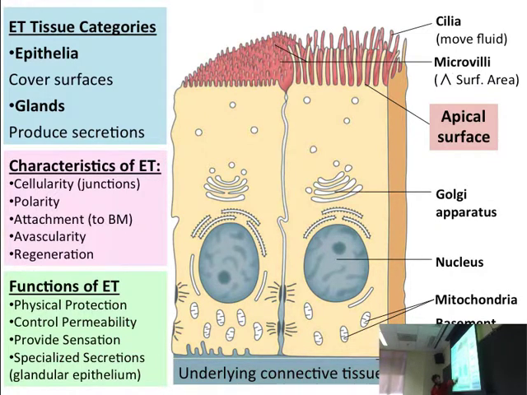Because of this cellularity, because of the ability of the lateral surfaces of these epithelium to adhere to one another, it's able to control the permeability of that layer of epithelium. So over here, beyond the apical surface, there's the outside world.